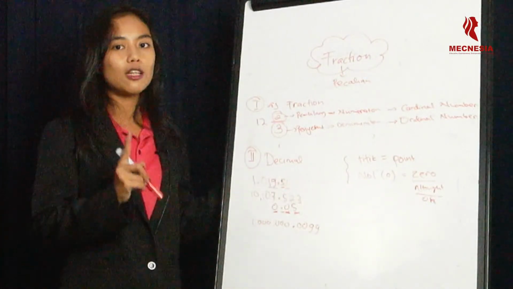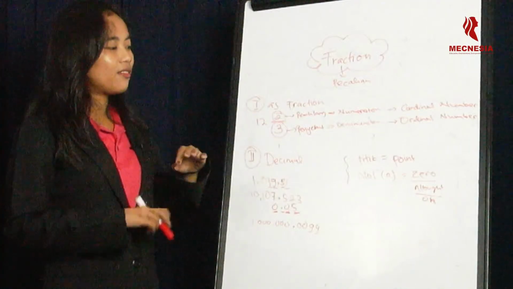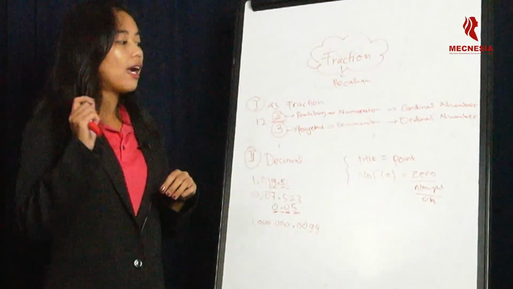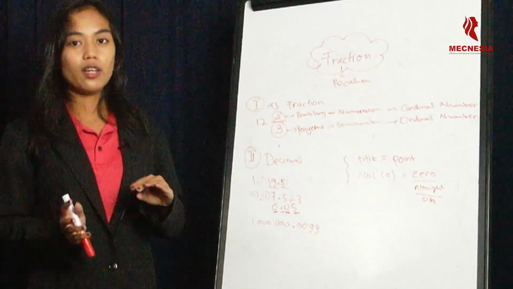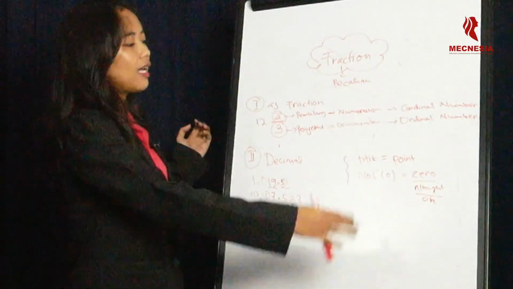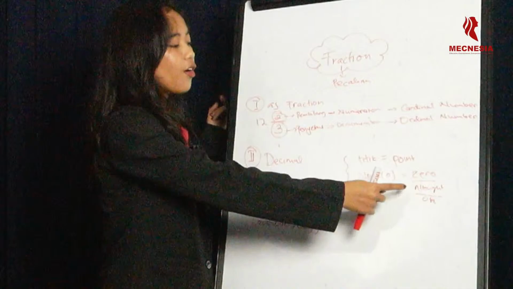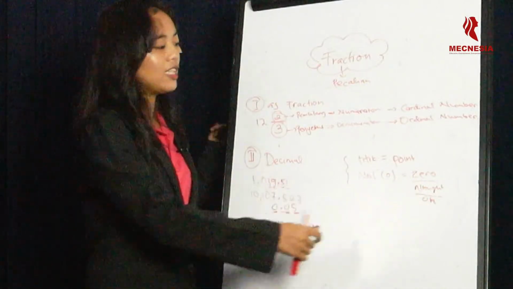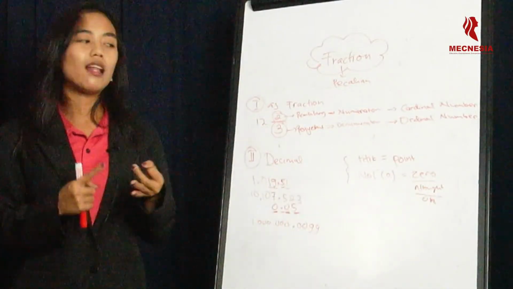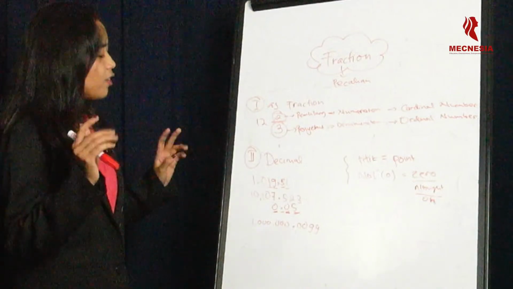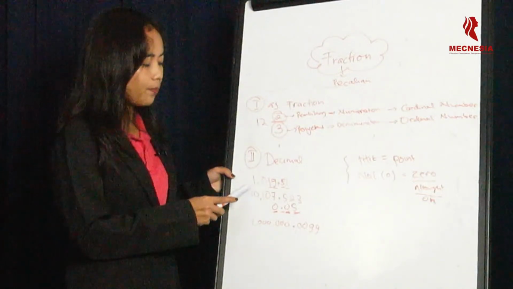Kita baca satu-satu. And if there is 0 after the point, we can read it as 0 or NUD or O. Jadi kita bisa sebut 0 atau NUD atau O. Suka-suka kita.